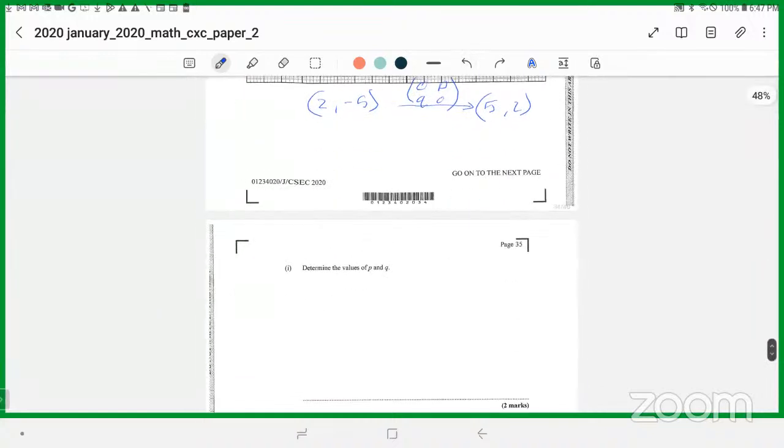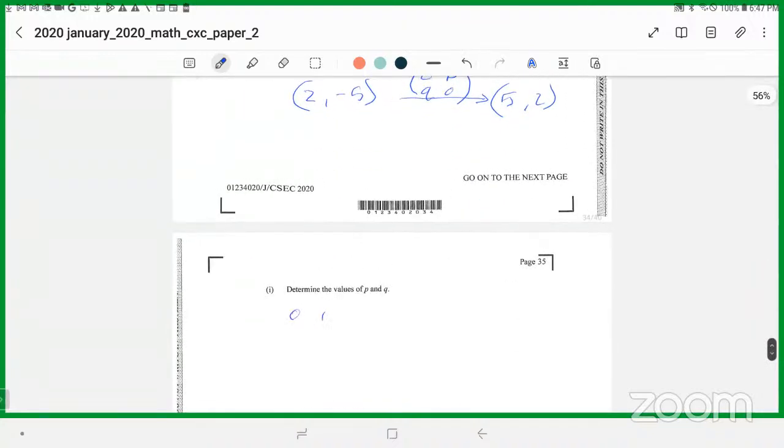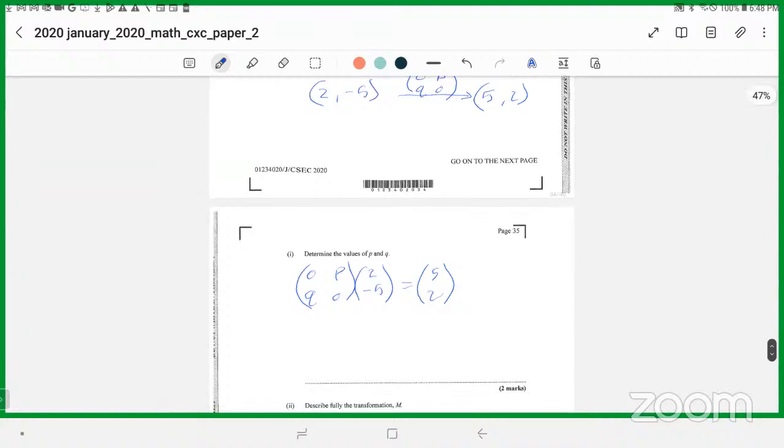Let's set it up: the matrix 0, P, Q, 0 times the vector for this point, 2, negative 5, gives the vector for this point, 5, 2. So we have essentially set up an equality of matrices. That's what we have created. So what do we know? Let's look at it.